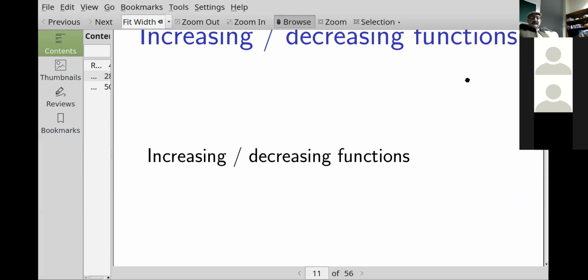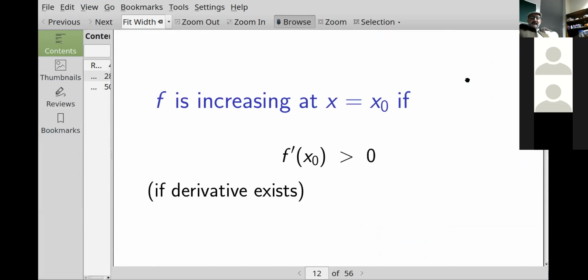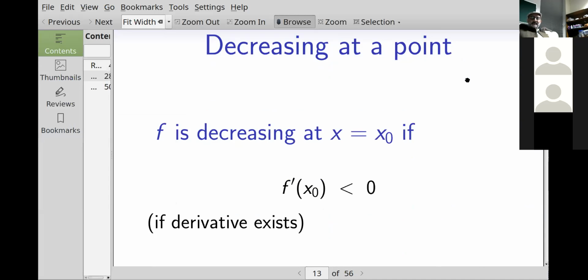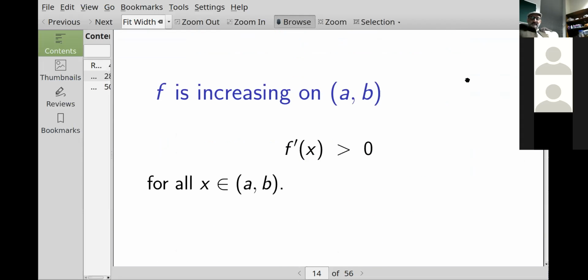We also defined increasing and decreasing functions. A function is increasing at a point x naught if the derivative at x naught is bigger than 0. The function f is said to be decreasing at x equals x naught if the derivative of f at x naught is less than 0. Then we would say that it's increasing on an interval a to b if the derivative is greater than 0 everywhere on the interval.